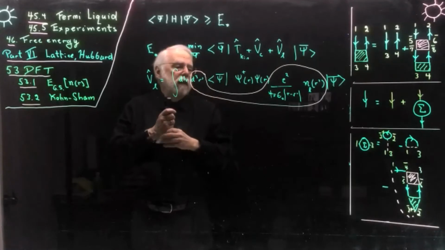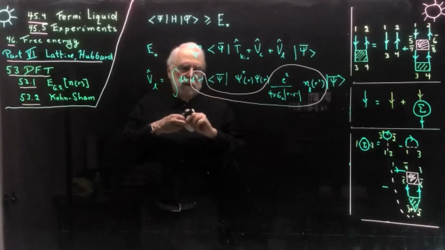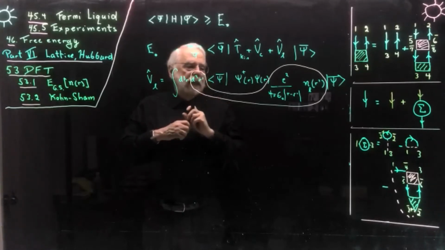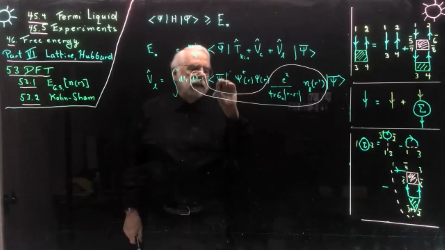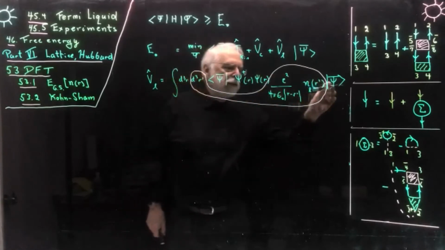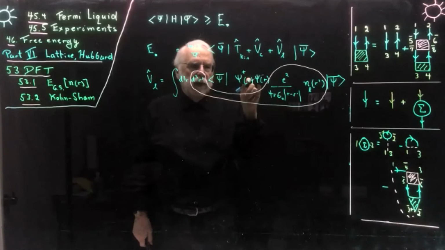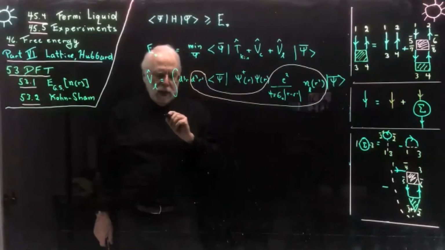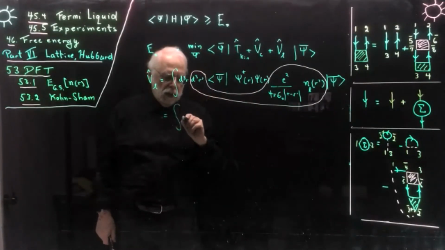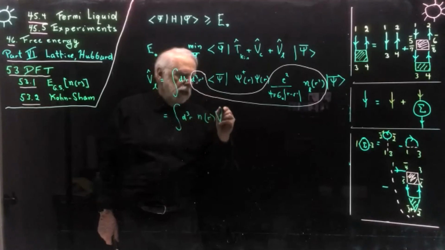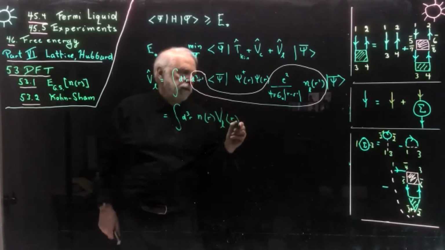Now the wave function times this is the electronic density, you agree? So this whole thing I can write as the integral d^3r of the electronic density n(r) times V lattice(r).